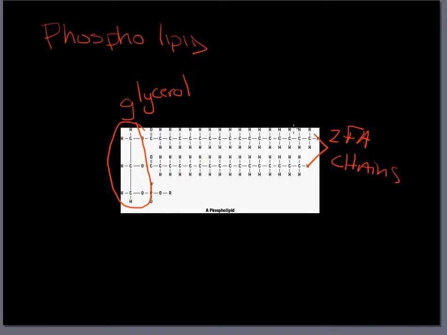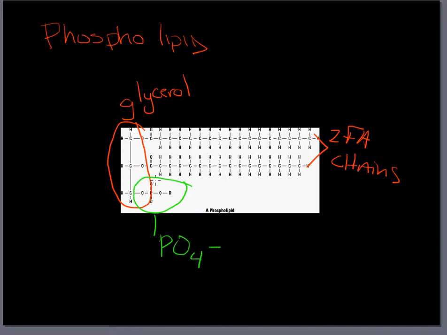But what makes this different, let's see if I can get rid of some of my circle there. Oh, well, that's not what we wanted to do at all. What makes this different is this group here that's a phosphorus with 4 oxygens.